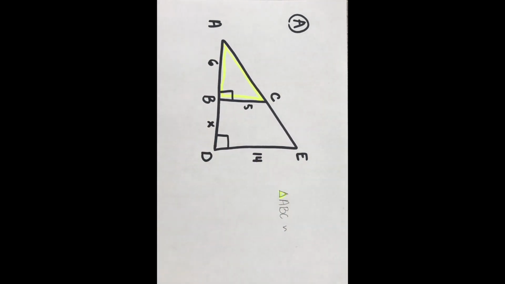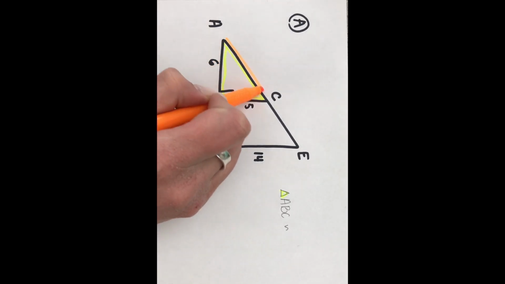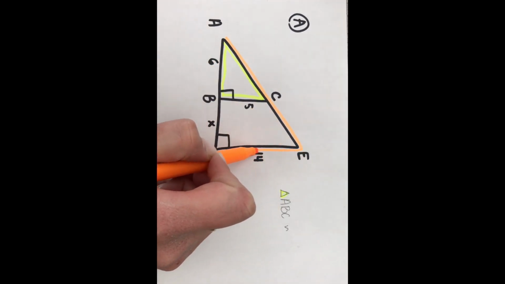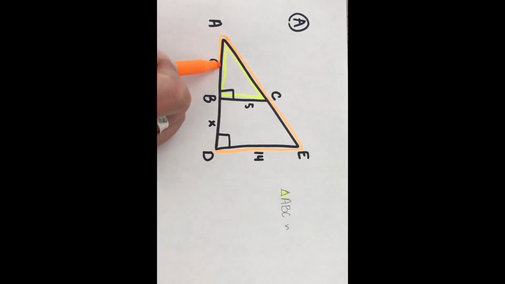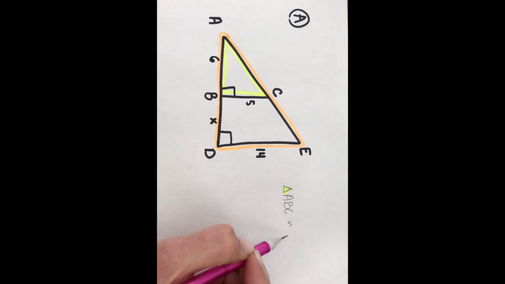in orange. Now the orange triangle is the larger triangle, the biggest one that we can see here. So I'll highlight that. And the orange triangle, if I want to name it in a similar way, would be triangle ADE.